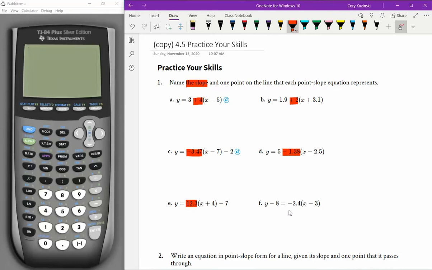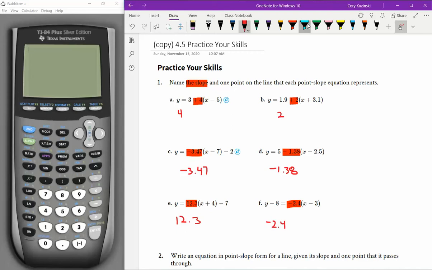All of these. We'll just say the slope is 4, 2, negative 3.47, negative 1.38, 12.3, and negative 2.4.